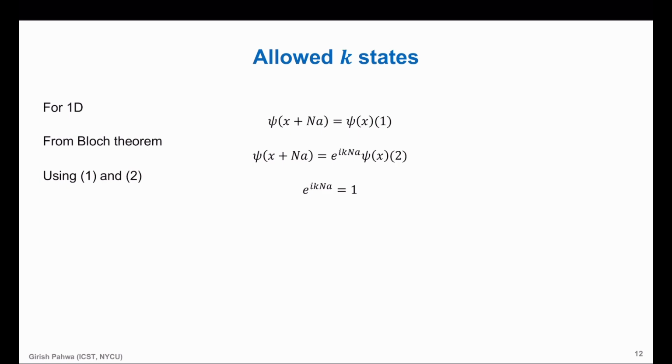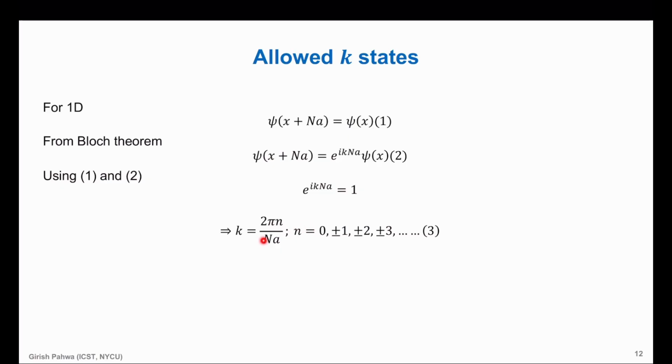So this part must be some integral multiple of 2 pi. E to the power iota some integral multiple of 2 pi will always give you 1. We have seen that so many times. So kNa is equal to 2 pi n. So k will be equal to 2 pi n divided by Na, where n can be any integer, 0, plus minus 1, plus minus 2, and so on. No restriction. So these are all the allowed k values.